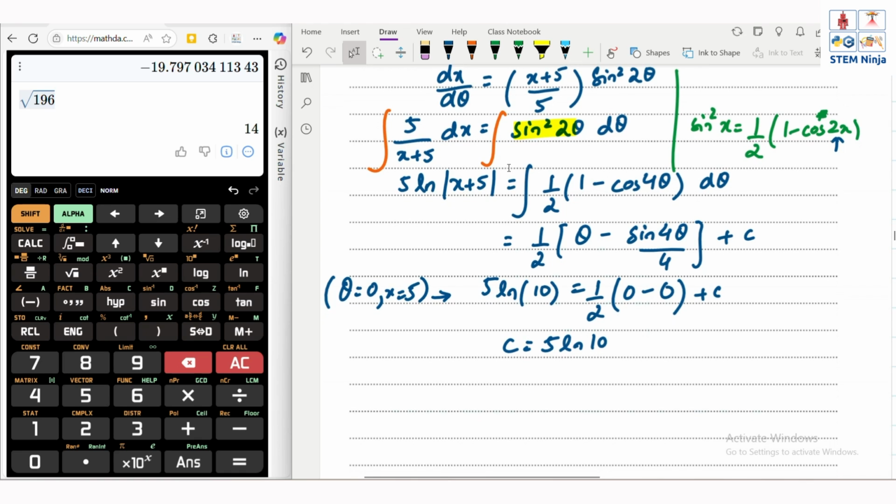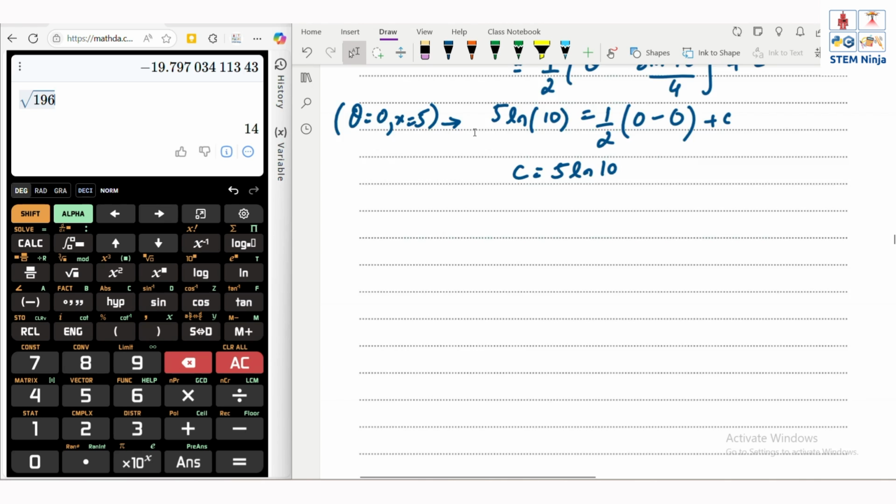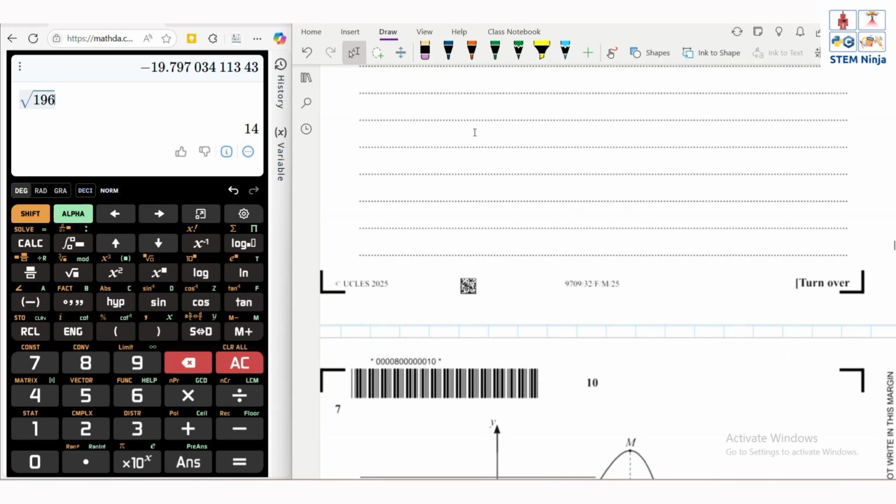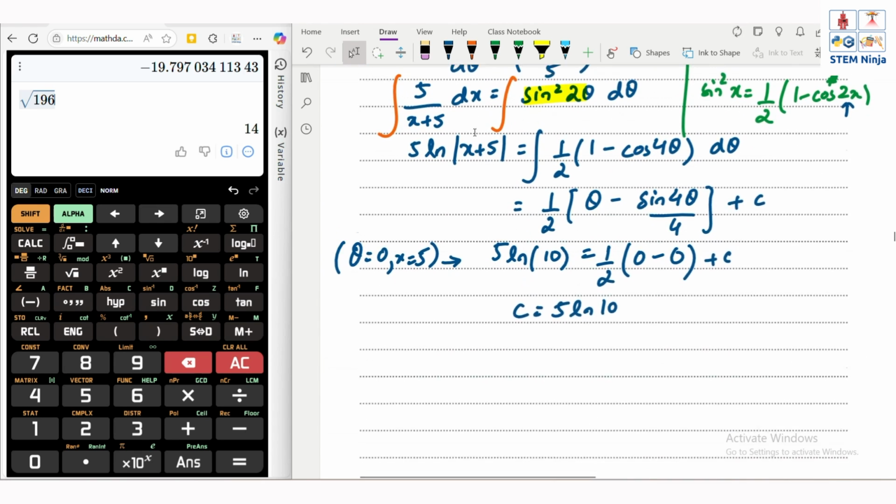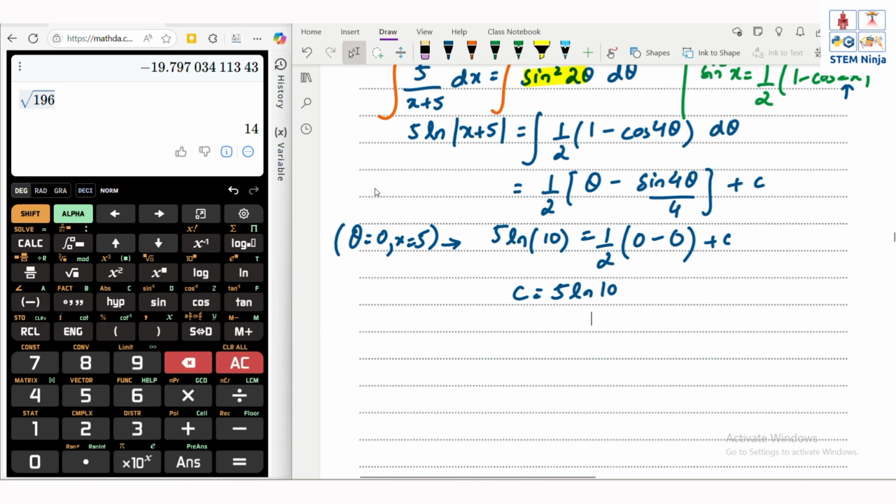So we need an expression for x. So we plug it back into this form. So therefore, we have 5 ln of x plus 5 equals half theta minus 1 over 4 sine 4 theta plus 5 ln 10.